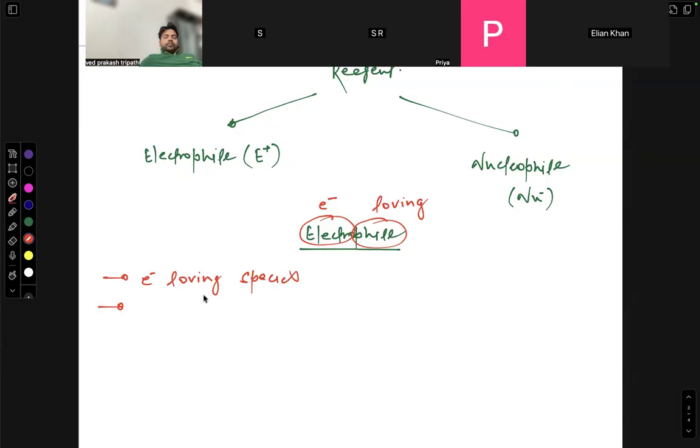The second, it is electron deficient species. Electron loving, electron deficient, and we know that electron deficients are Lewis acid. So it acts as Lewis acid.